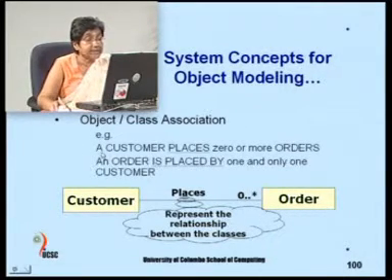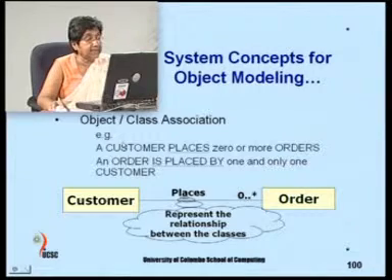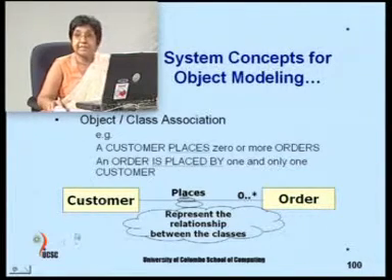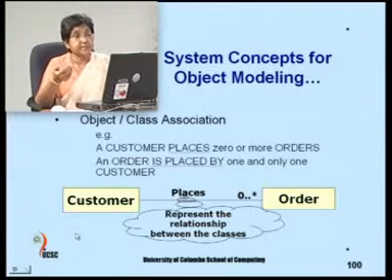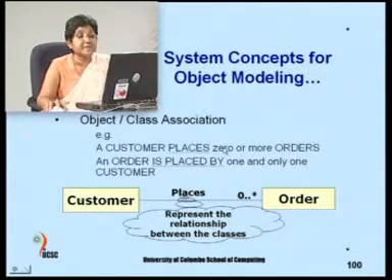If you look at this association some more, a customer places 0 or more orders. We say there is an object called customer and there is an object called order. A customer can place one or more orders, or he may not place any orders at all.